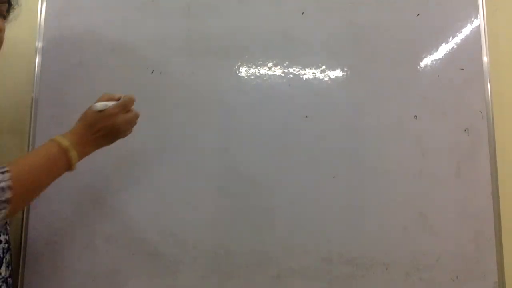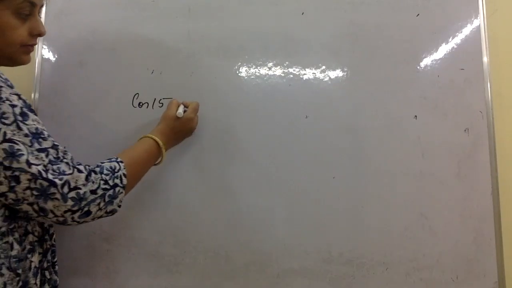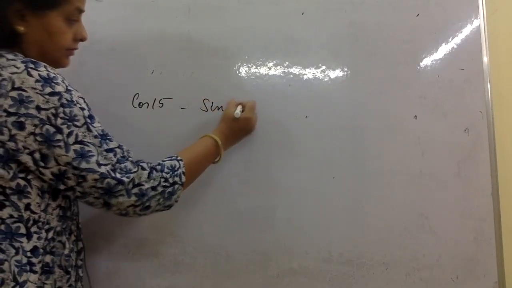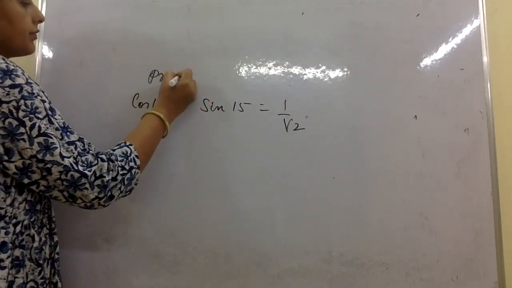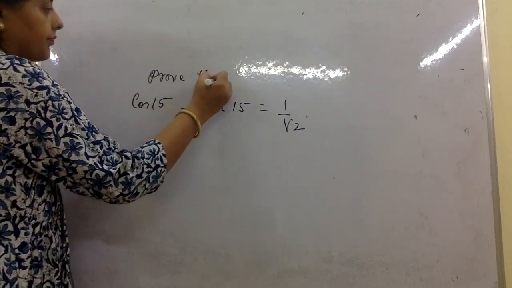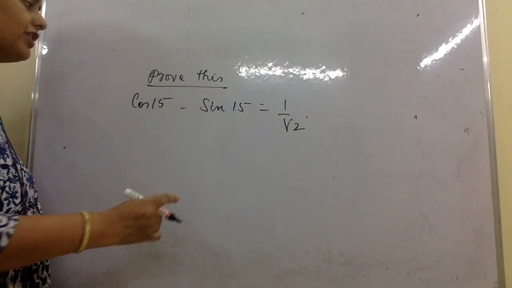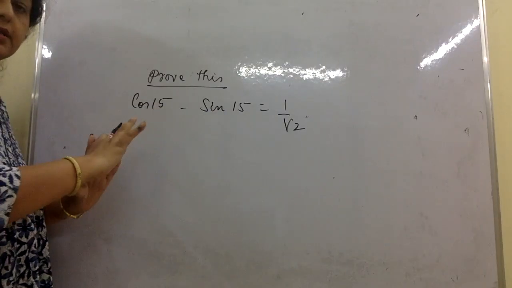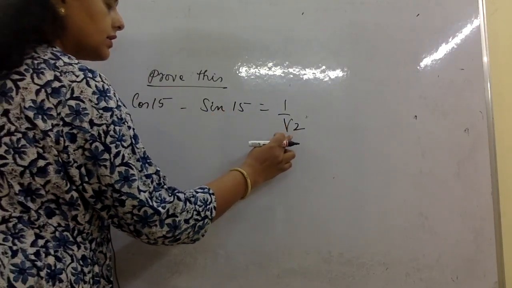Now this is our last question, but it is a very interesting question. We have to prove this. When I look at this sum, I can't understand anything. But then I see this.